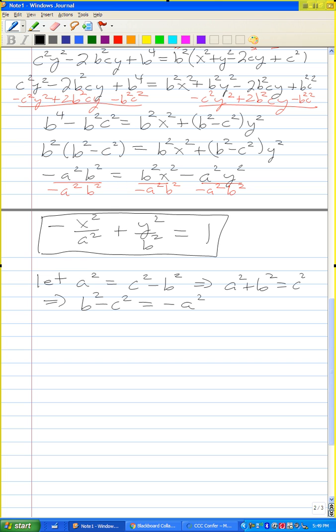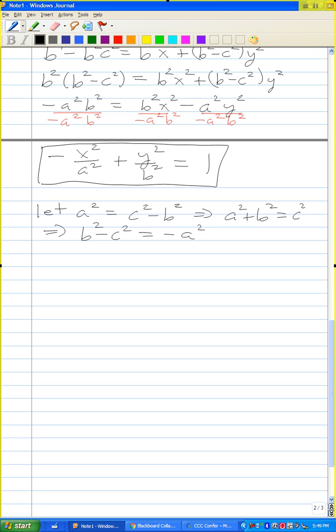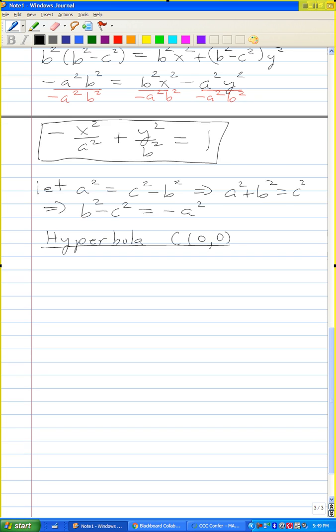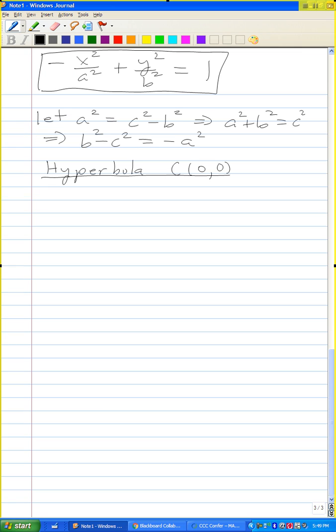And so similarly, this is a hyperbola centered at the origin. So we have two cases. It can either go up and down, or right and left.